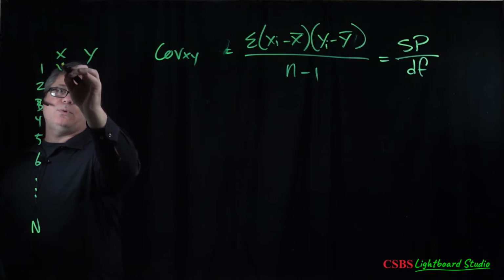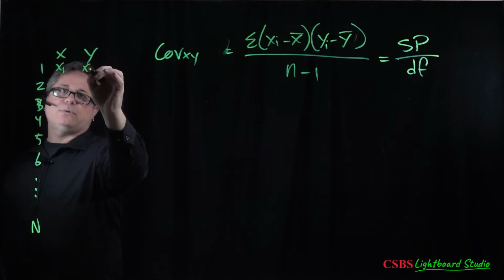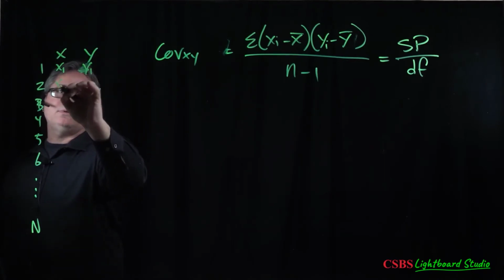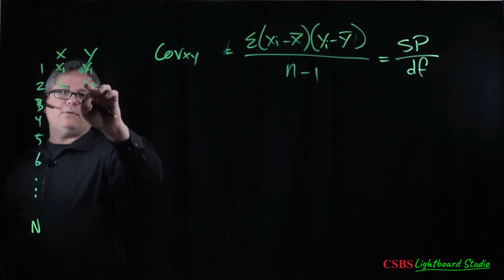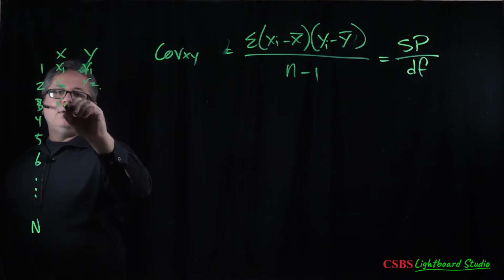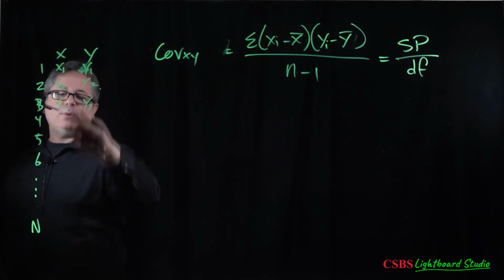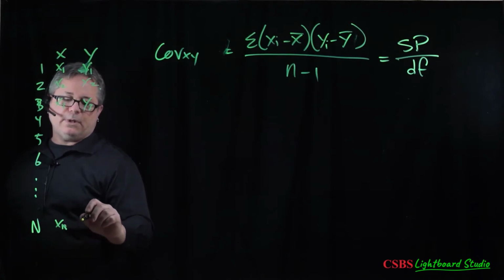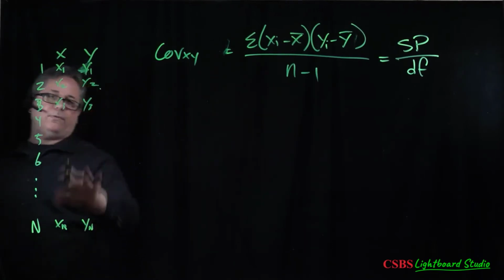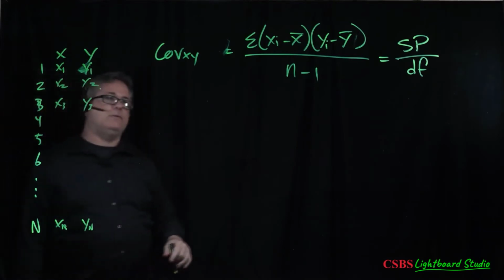This is person 1's score on x, person 1's score on y. All the way down. Person 2's score on x, 2's score on y. I keep writing x instead of y. And all the way down to, you have an x n and a y n. So you have all these different responses to those things, right?